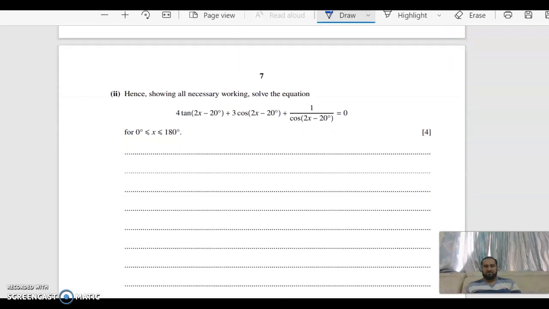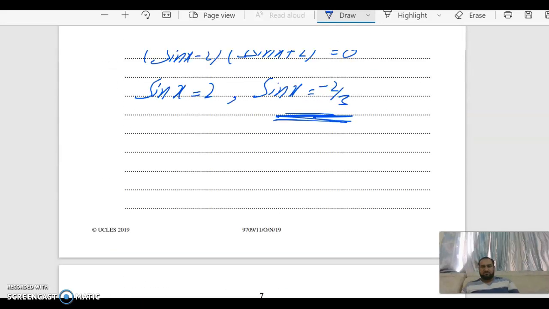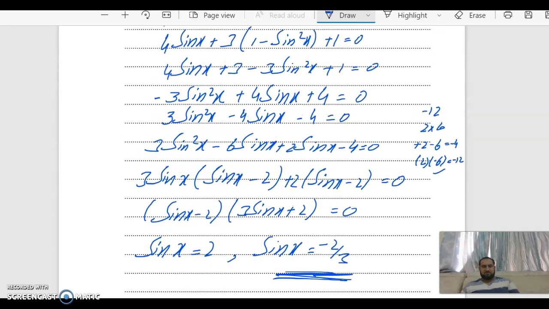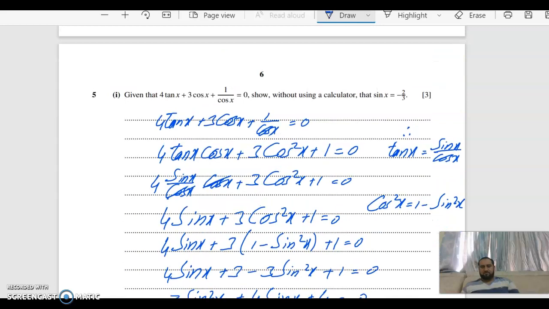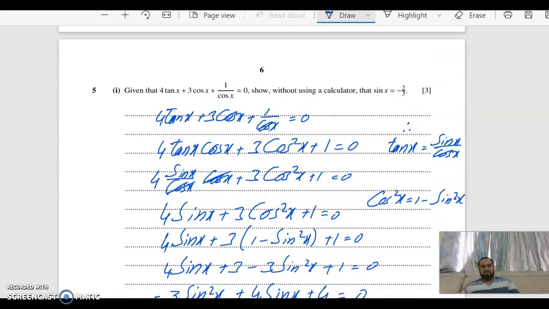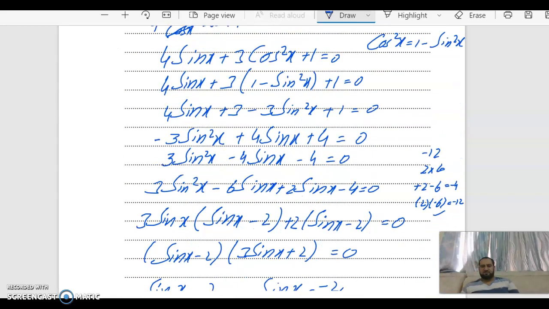Okay, next one, part 2. Hence, showing all necessary working, solve the equation 4 tan 2x minus 20 plus. If you look at this question, it is similar to the previous one. In the previous question we had 4 tan x plus 3 cos x plus 1 over cos x.